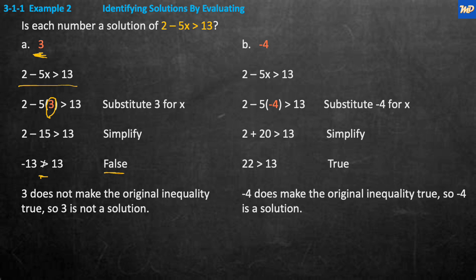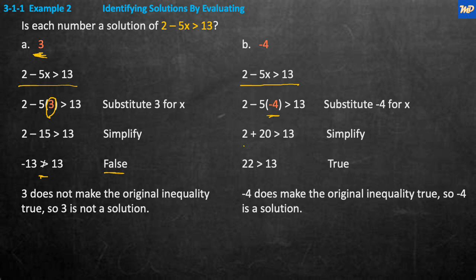Okay, how about negative 4? Is negative 4 a solution to the same inequality? So we write the inequality, 2 minus 5x is greater than 13, and we substitute the negative 4 in for x, so we get 2 minus 5 times the quantity negative 4 is greater than 13.